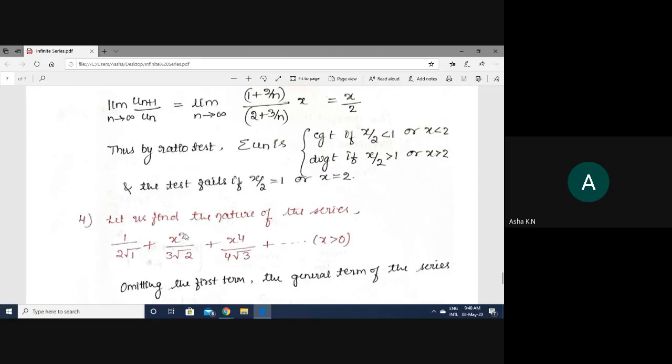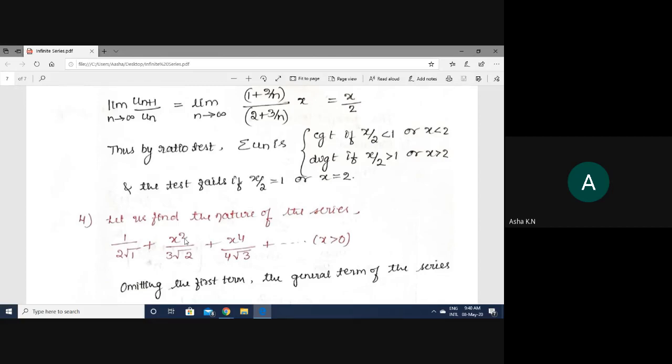X power 2 into 1, x power 4 is 2 into 2, x power 6 is 2 into 3. What is the nth term? X power 2n. Yes, x power 2n.